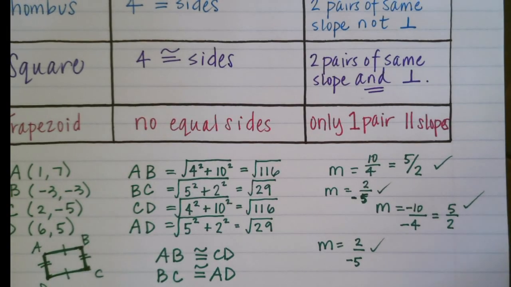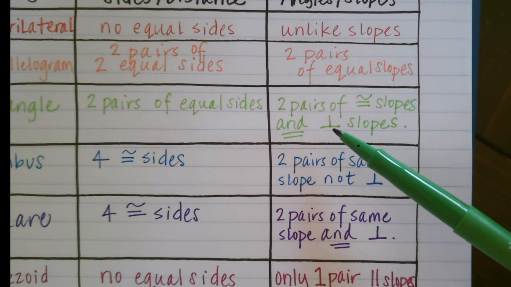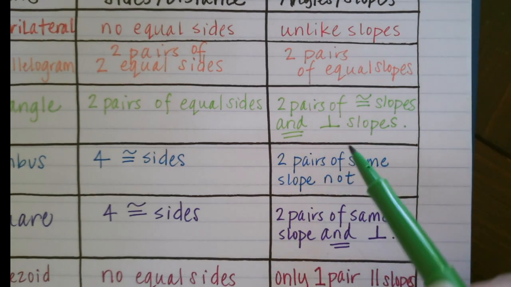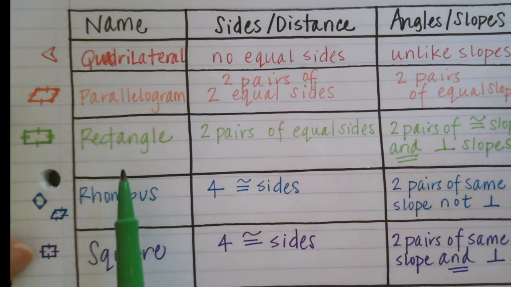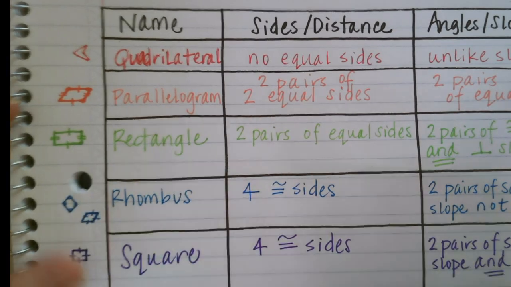The question is, I have two pairs of parallel sides, but are they also perpendicular? Because if they're perpendicular, then I have a rectangle. If they're not perpendicular, then I have a parallelogram.